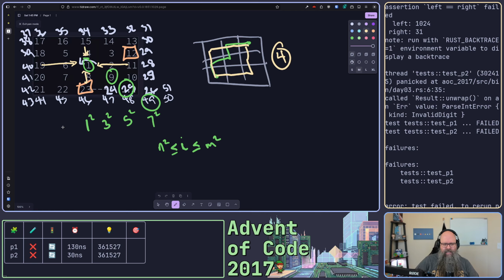Like if we say this is V and this is R, the radius here is 0, 1, 2, 3, right? 0, 1, the distance is 1, 2, 3.